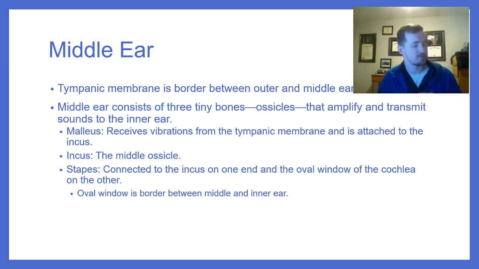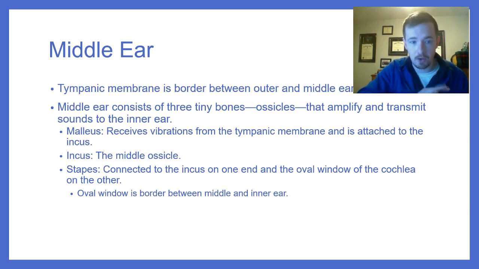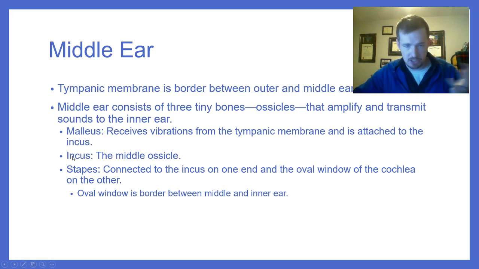So as we have that eardrum and it's shaking and it's rattling and it's amplifying that sound, it is then going to be carried on through vibrations. So you have that sheet of paper vibrating. That sheet of paper is going to be connected to three tiny hollow bones: the malleus, the incus, and the stapes. The malleus is going to shake and rattle the incus, which it's connected to.